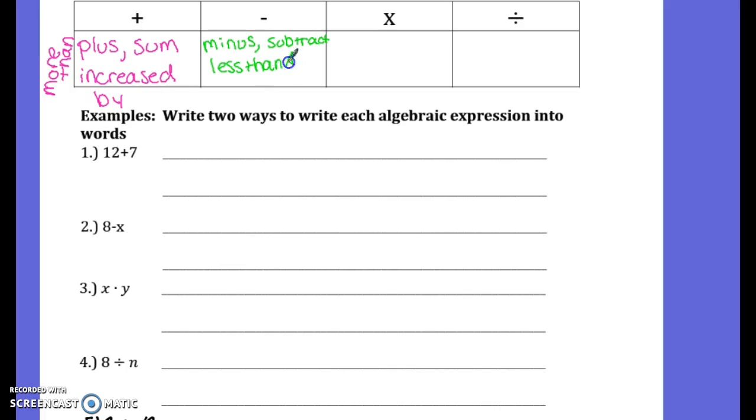Now, less than, I'm going to put some stars by it because less than is the one that sometimes people get confused on. This X is not actually an X. It would mean times, the product, multiplication, multiply, just to name a few. And then this one over here is divided by, the quotient.